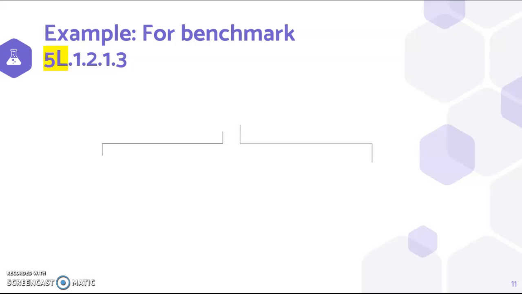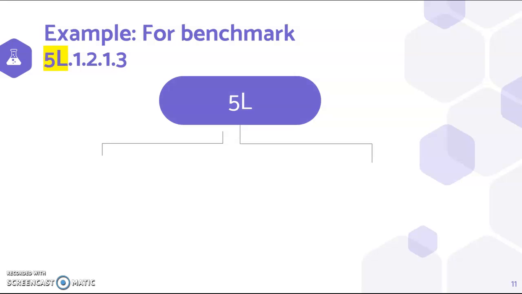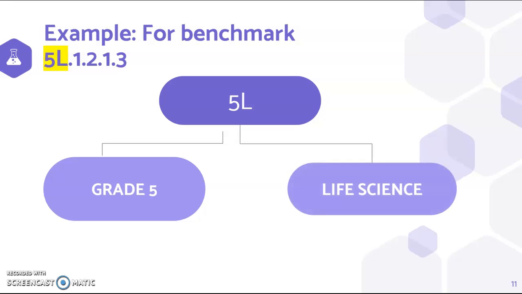Here's an example. I pulled a benchmark from our standards, and what I would like to do is just quickly show you the highlighted portion of the digital code. 5L is at the front. 5L stands for grade 5, and the L stands for life science.